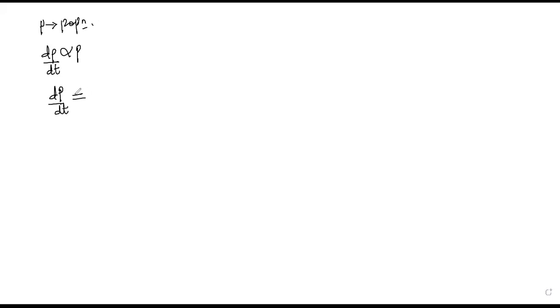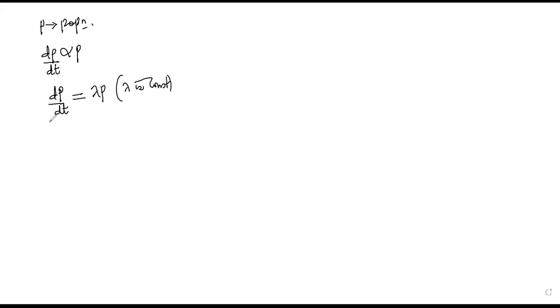is equal to, now here don't put negative, you put negative if there is a decrease in quantity, but the population is not decreasing, so we shall have a positive. I can use lambda P, where lambda is my constant. If you use a different constant, which is not given in the question, apart from k, you have to define that constant. So you can say lambda is a constant.